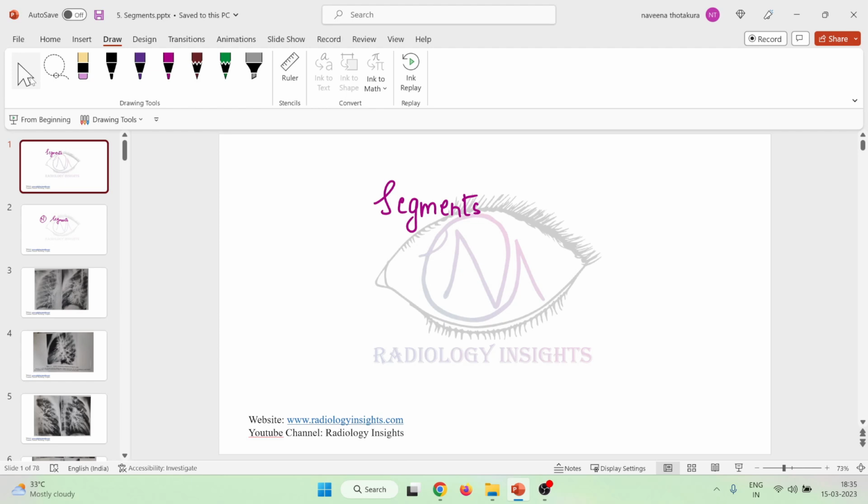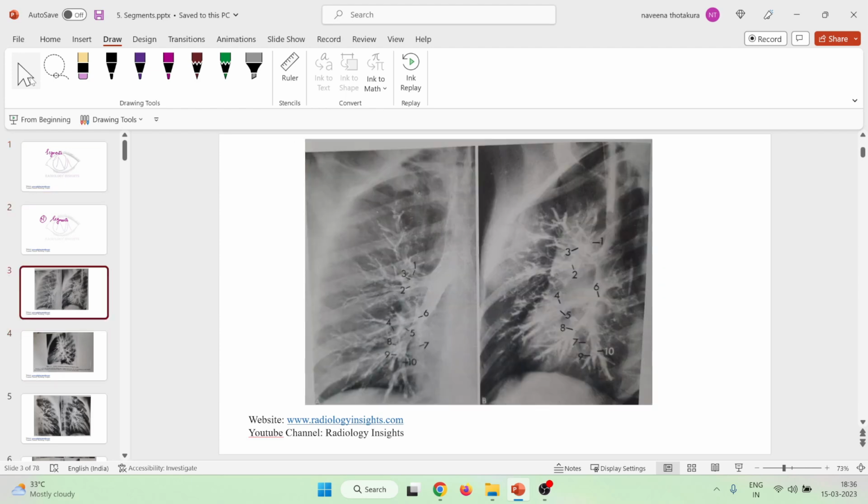Especially it is important for a bronchoscopy. Why? With the help of this segmental anatomy, we can identify different bronchial orifices, and if there is any tumor or any foreign body present in any of the bronchial orifices, it can be localized, identified, and also removed with the help of the bronchoscope.